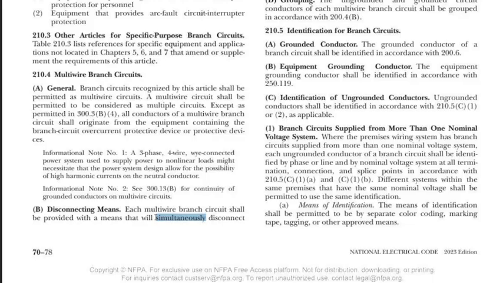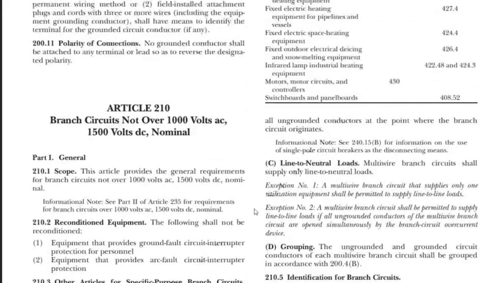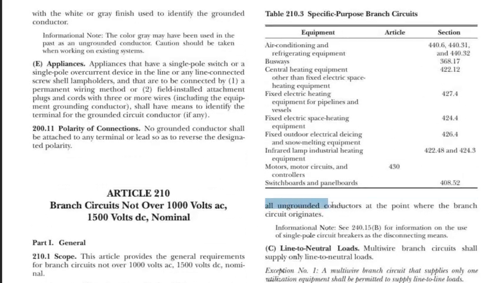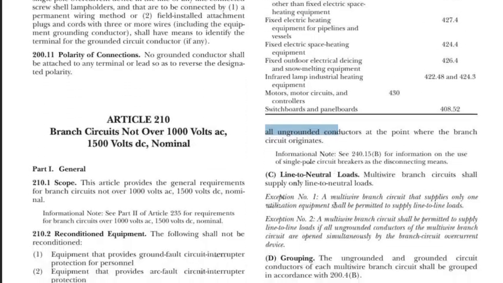This is a big change the code book has made. Each multi-wire branch circuit shall be provided with a means that will simultaneously, at the same time, disconnect all ungrounded conductors at the point where the branch circuit originates. Remember, that just means panel.